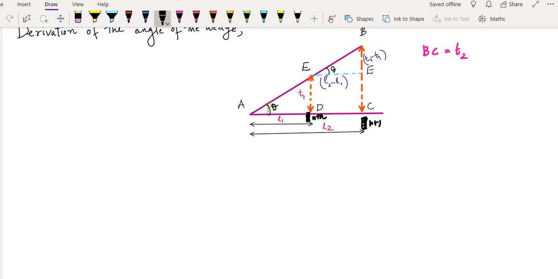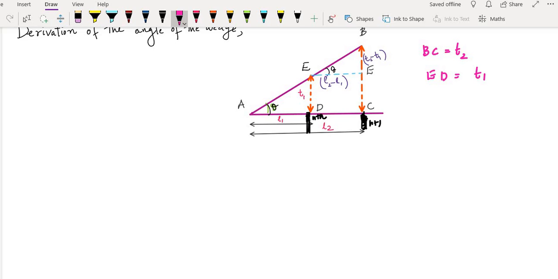The thickness corresponding to the nth dark band is T1, and that corresponding to the n plus first dark band is T2. So BC is equal to T2 and ED is equal to T1.